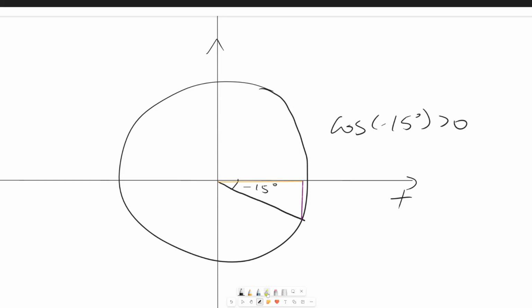So we can't have anything on these two quadrants. Why? Because anything here would require the base to be going to the left. And if you've got an angle in this location, when we form the triangle, the base is going to the left. We can't have that because here our base is on the right. So the only place where we can have that is going to be the first quadrant.